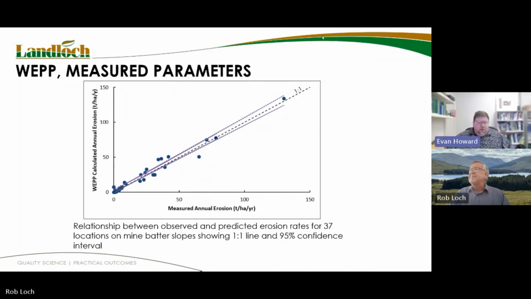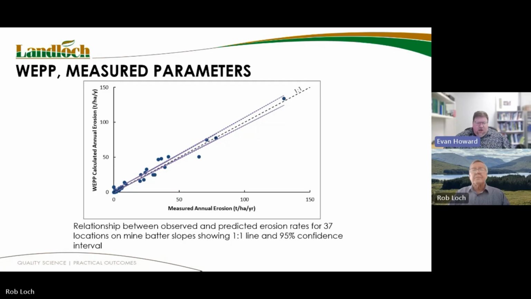I suppose we've just talked about there being algorithms within WEP that allow you to estimate parameters, and then the ability within WEP to actually put in measured parameters from lab or field studies.